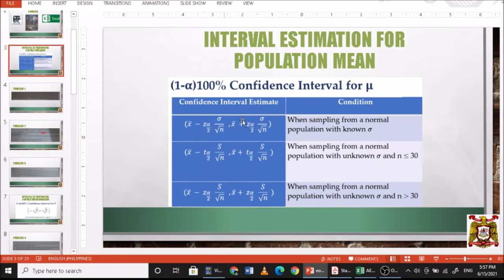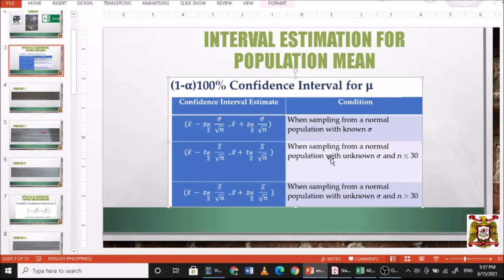Okay, so you use different values for point estimate plus minus margin of error. The values subtracted and added to your point estimate for population mean, which is a sample mean, are called the margin of error, for the following conditions. Condition 1: when sampling from a normal population with a known population standard deviation, we use this formula.